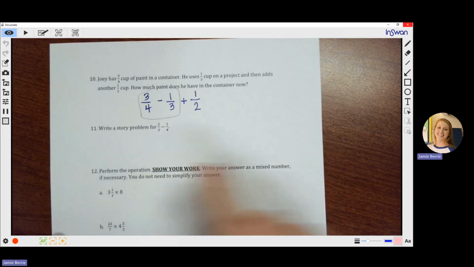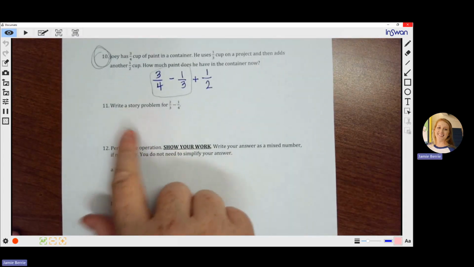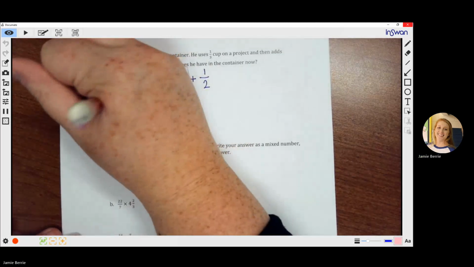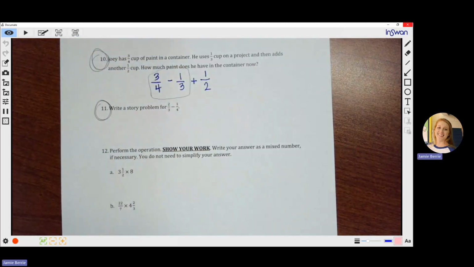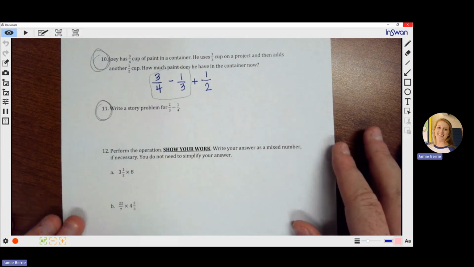Number 11. Oh, I do want to put this one on the test, so let's circle that. Number 11, I like this one for the test too. You don't need to solve the problem. You just need to set it up for me. So it says write a story problem for 2/3 minus 1/4. You can do anything you want.